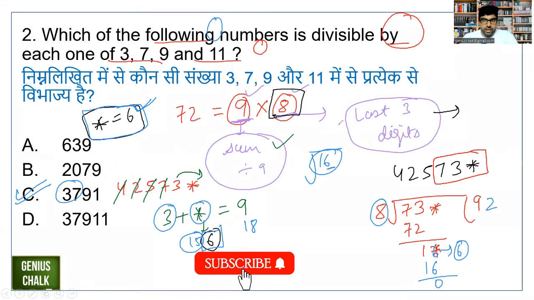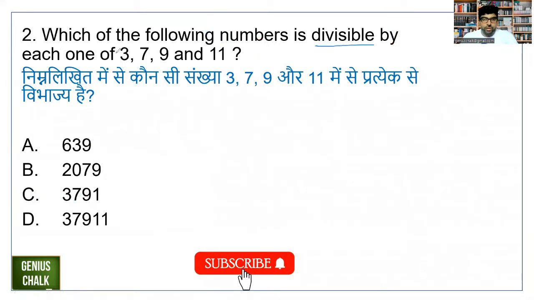Again, a divisibility question. Which of the following numbers is divisible by 3, 7, 9 and 11? We must know the divisibility rule of all of these. For 3, the sum of the digits should be divisible by 3. For 7, there are different rules for different digits. We will discuss that.